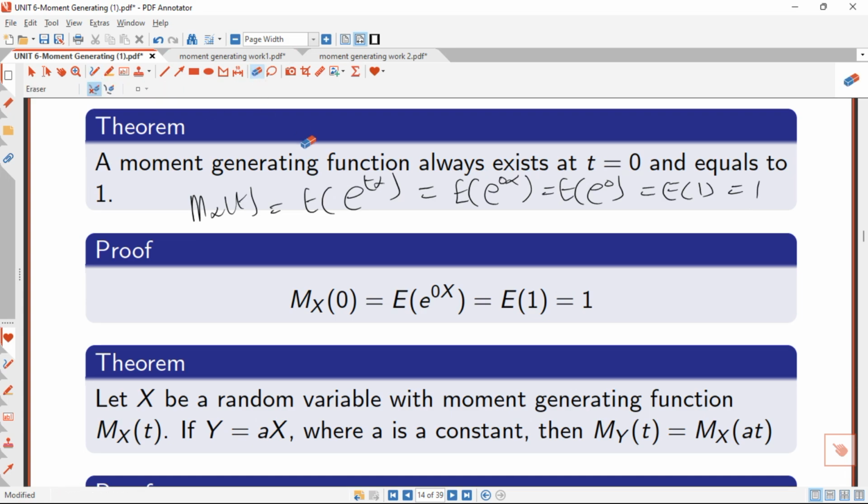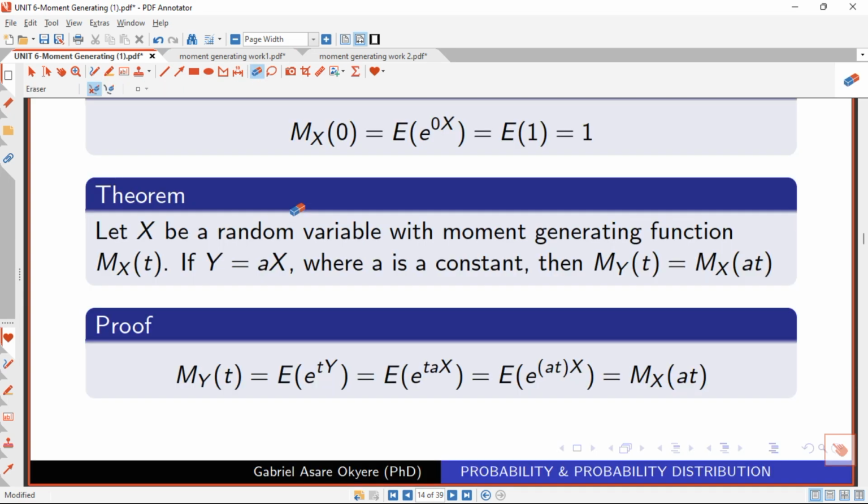That's what the first theorem is trying to help us understand. The second theorem is also trying to help us understand that if we have a random variable X with a moment generating function, and Y is equal to aX, it means that we are redefining our Y in terms of X, where a is a constant.